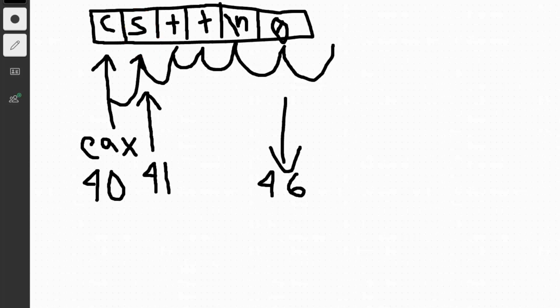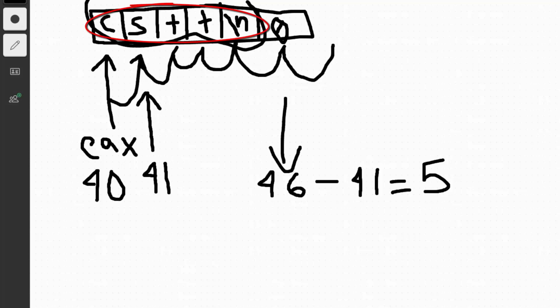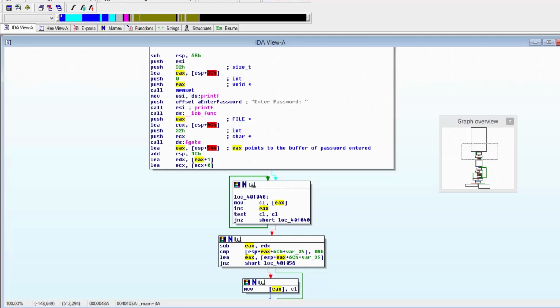So once it is done, it's going to say, hey, 46 minus 41 is equal to 5. That way it knows that it has 1, 2, 3, 4, 5 values entered. Okay, guys? That's exactly this loop. So here, EAX is going to contain 5.